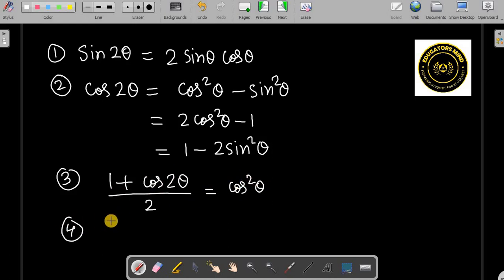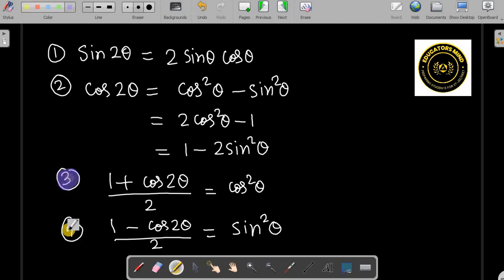And then from formula number 4, 1 minus cos 2 theta divided by 2 gives sin square theta. Formulas number 3 and 4 are very useful because they change the power. A second order trigonometric function becomes first order; the only thing is that the angle is changing.